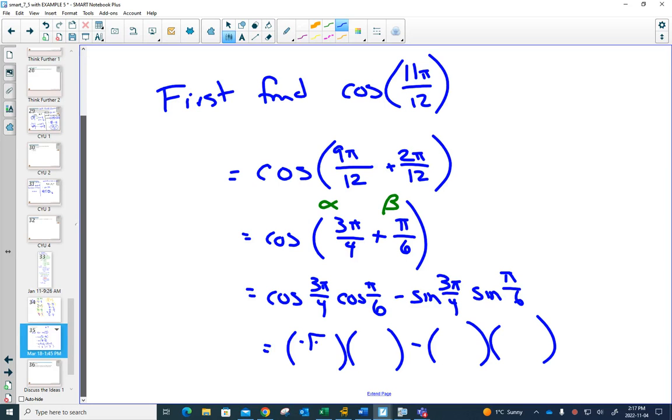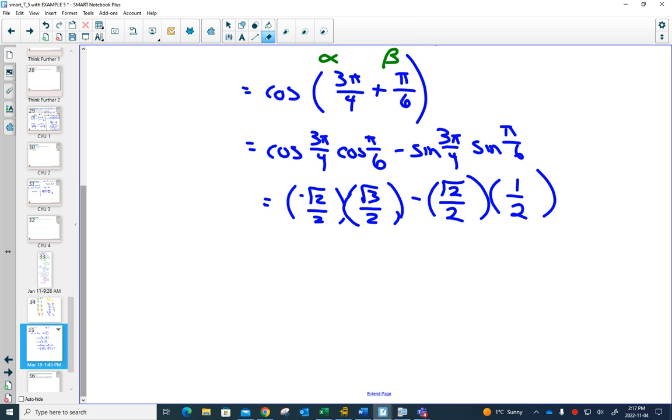This one will be negative root 2 over 2, positive 1/2. Positive root 3 over 2. This one will be positive root 2 over 2 and positive 1/2. So we get all over 4, negative root 6, minus root 2. Okay, this is one where they're both negative.